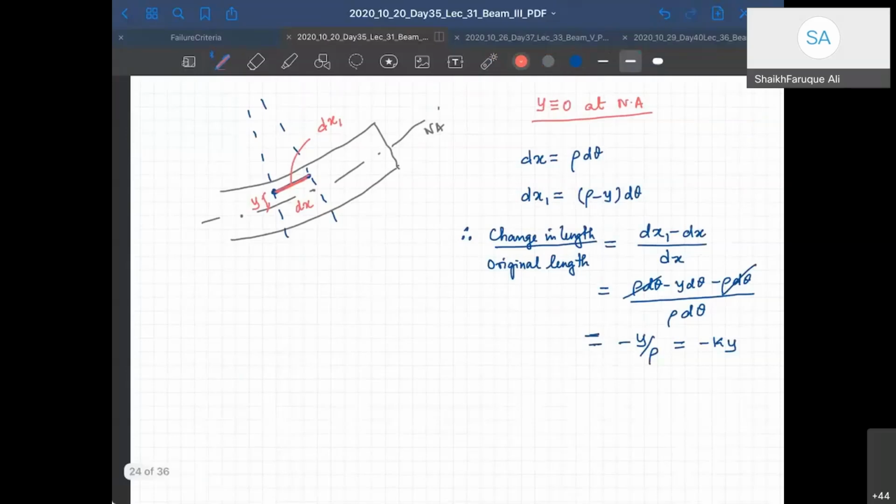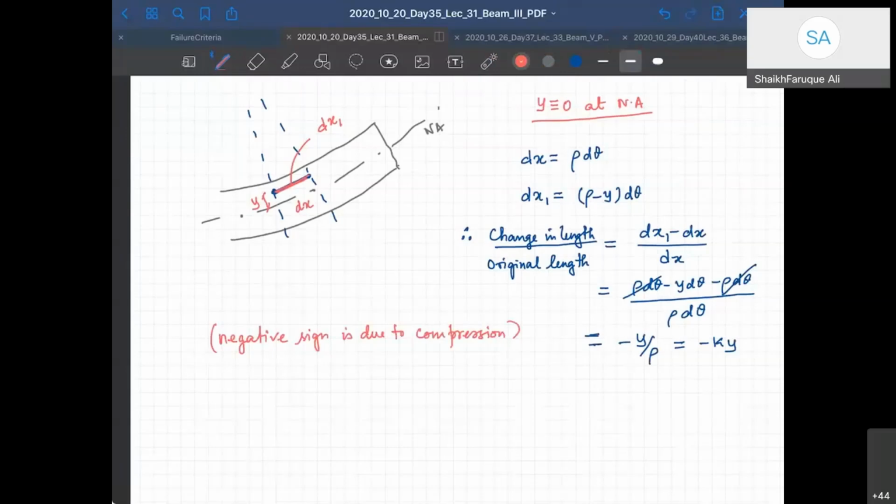The negative sign is due to compression. So towards the top of the neutral axis it is compression.